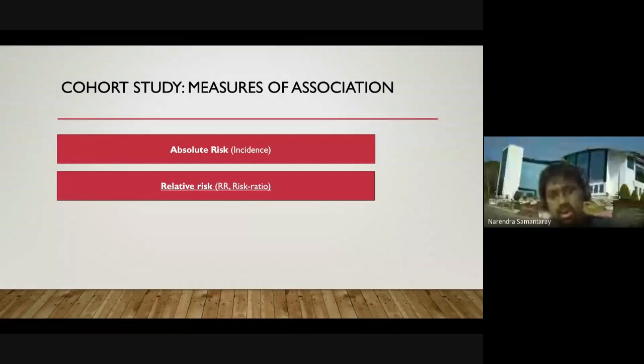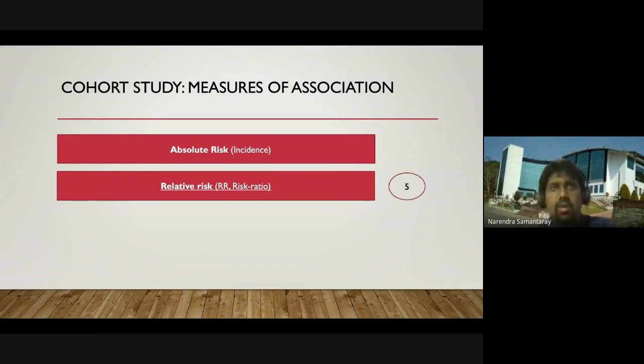During the cohort study we are finding two incidences: the incidence of the disease in the exposed group and the incidence of the disease in the non-exposed group. Relative risk is simply the ratio between both of them. In formula: incidence of disease in the exposed divided by incidence of disease in the non-exposed group. That is the relative risk.